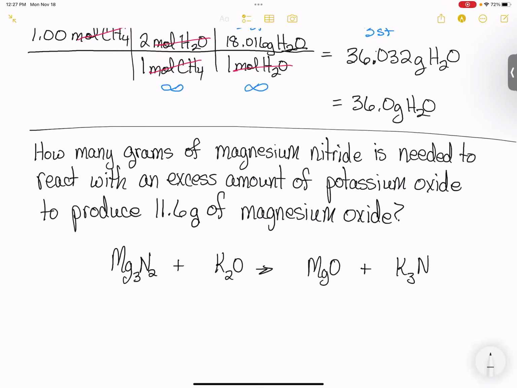Folks, I'm throwing this one up here because this is going to be something that comes up commonly. In the last two problems, I gave you the balanced chemical equation. I did not give you the balanced chemical reaction this time. It is your job to make sure that the equation is balanced before you use it.